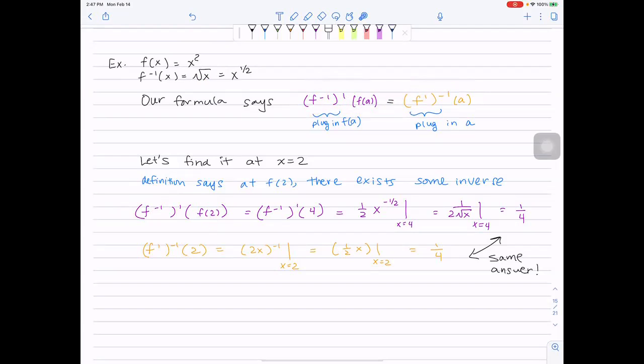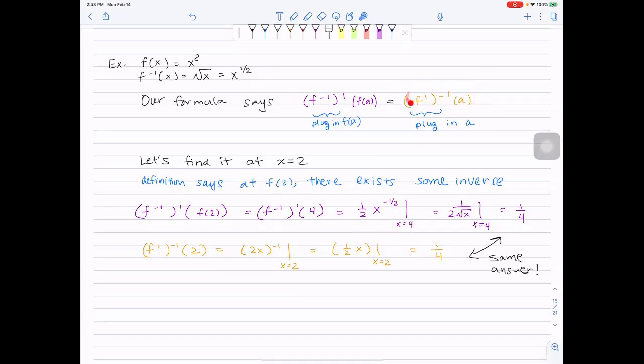What is f of 2? We plug in here, it's 4. Then what is the derivative of our inverse? Our inverse is x to the 1/2, so the derivative is 1/2 x to the negative 1/2, and we're evaluating that at 4. We get 1/4. That's fine.